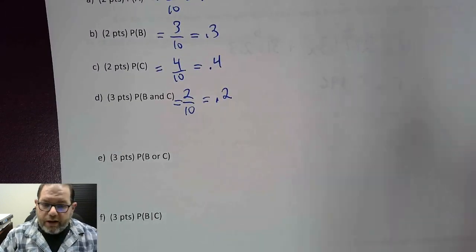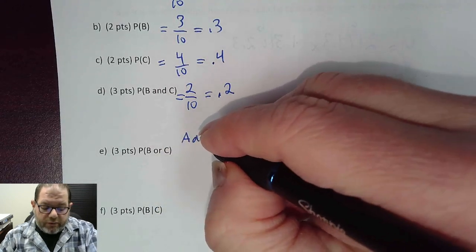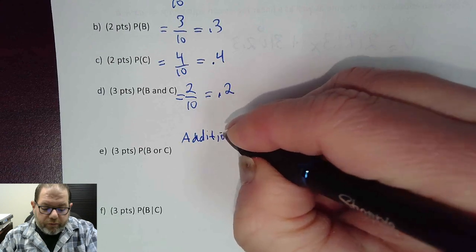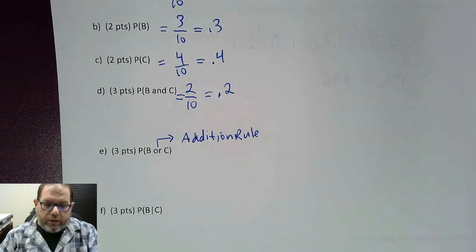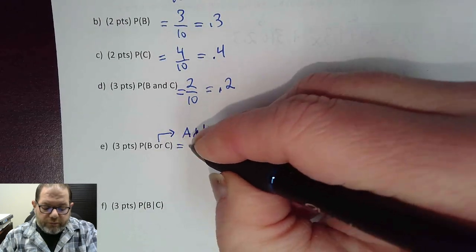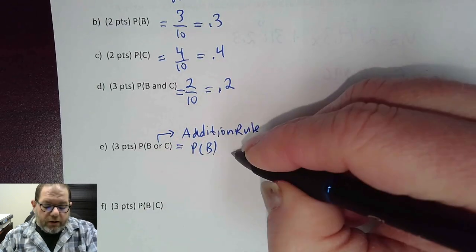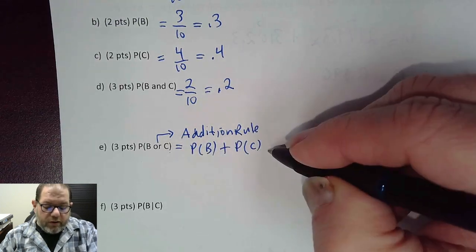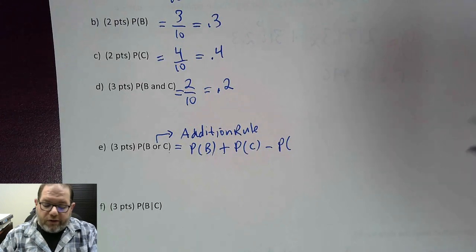Now, when we have an OR statement, this is where we would like to use our addition rule. And our addition rule says we take the probability of the first part, which is B, plus the probability of the second part, which is C, minus the probability of the two together, B and C in this case.